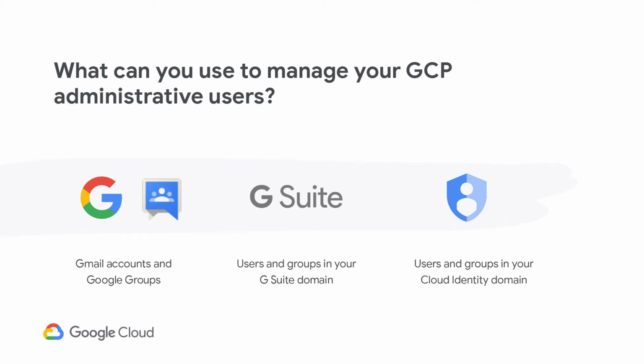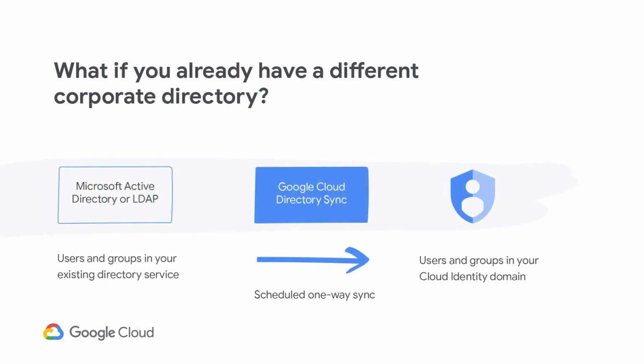Now, if you are not happy with G Suite or you don't want to become a G Suite customer, you can always sign up for Cloud Identity. Cloud Identity is a free alternative that allows you to create and manage your organization nodes and then manage users within this organization. But what if you already have a good number of users and you are already using Microsoft Active Directory or a Linux LDAP system or something similar?